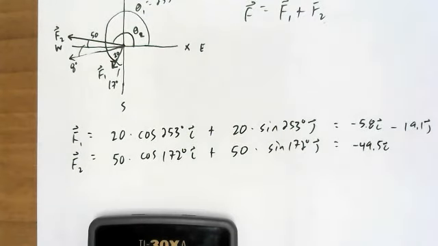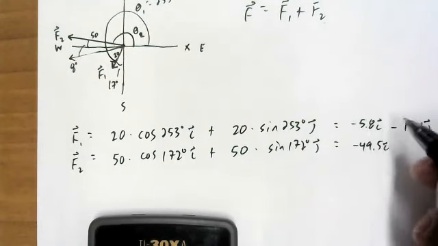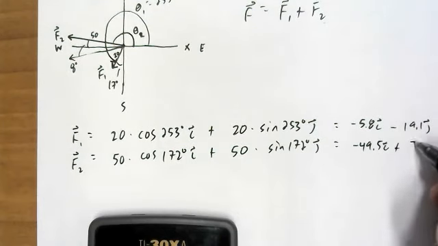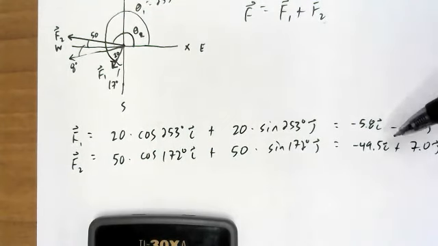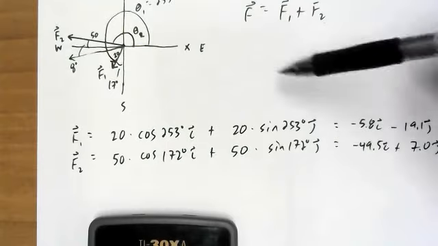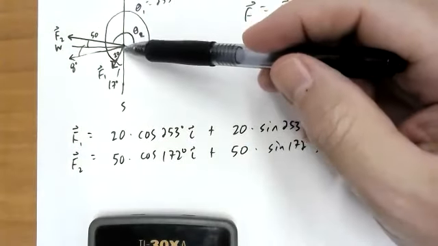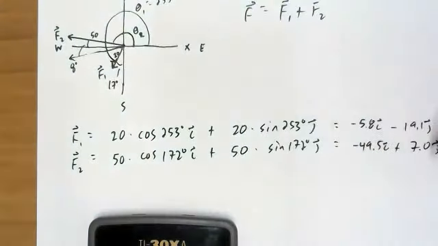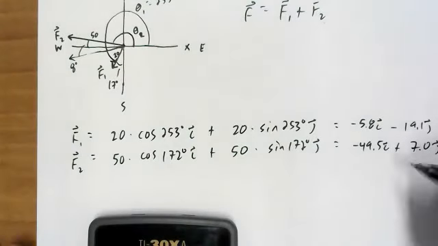And then 172 times the sine times 50, 6.95, so it's like 7.0 j. The second force vector looks like it makes sense. It's like negative 50, around negative 50 i. So way out here in the i, and then a little bit up in the j, 7. Yep.